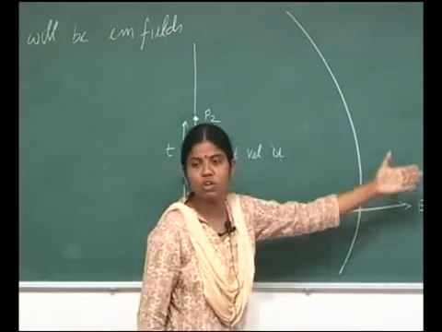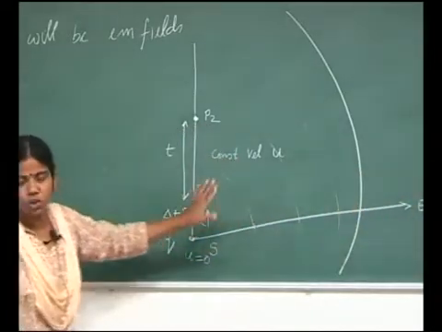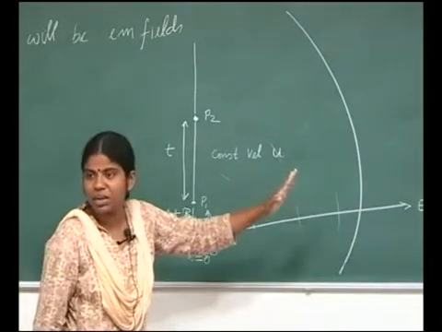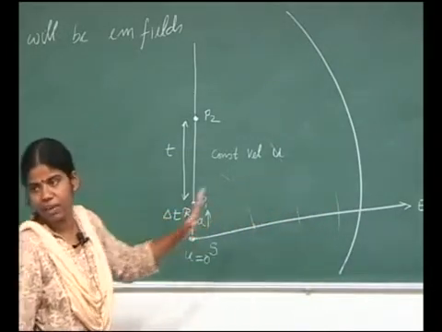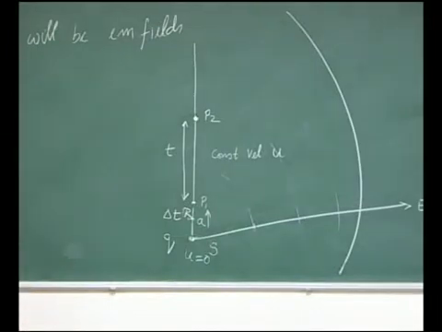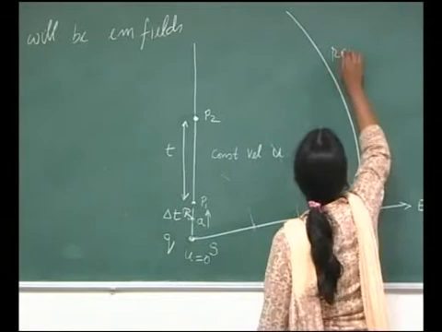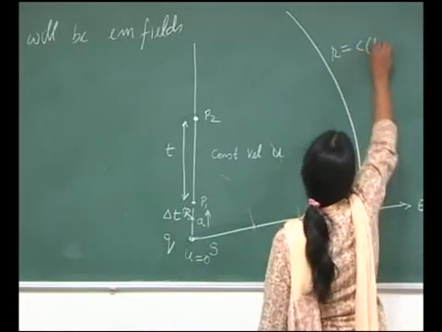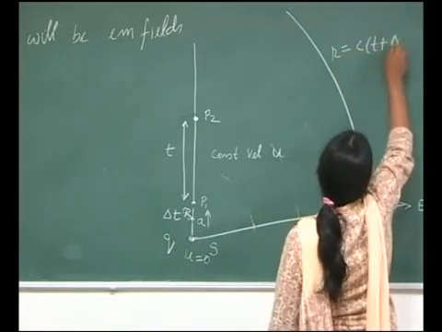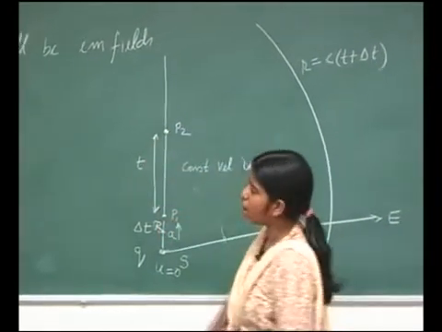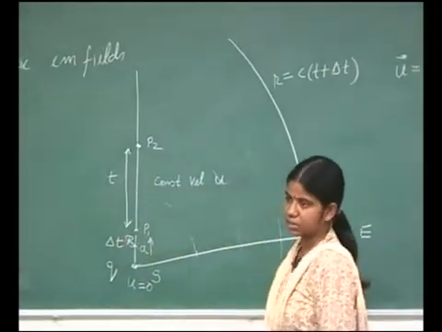Electric field is also radiating outwards. So, although a wave is moving out, this is definitely not an electromagnetic wave. Is it clear? So, I can write here that this sphere has r equal to c into t plus delta t, that is, I am looking after time t plus delta t.